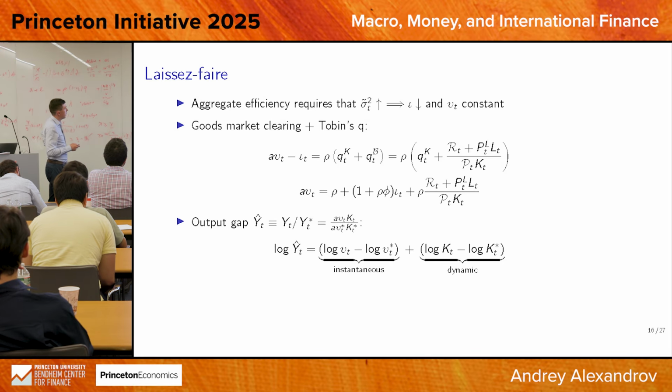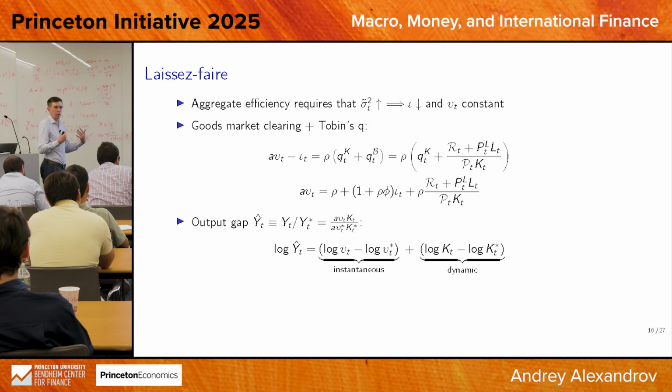So what it means is that if you don't have any policy response in these variables, you can do some policy responses, but as long as this sum stays constant, you're going to either have an instantaneous output gap or a dynamic output gap. You will not be able to close the output gap going forward entirely.